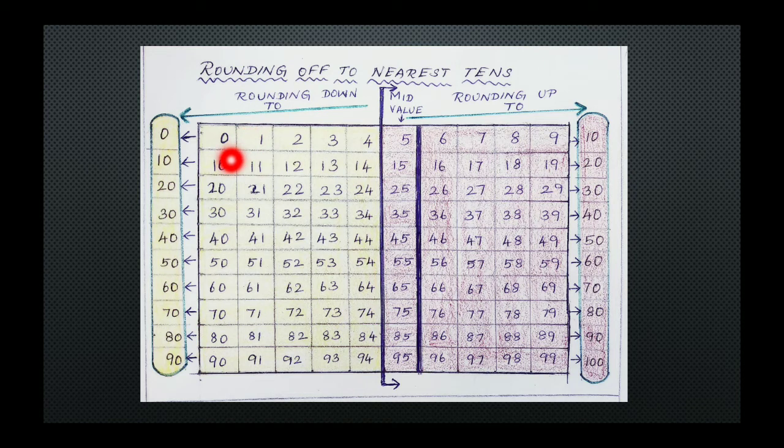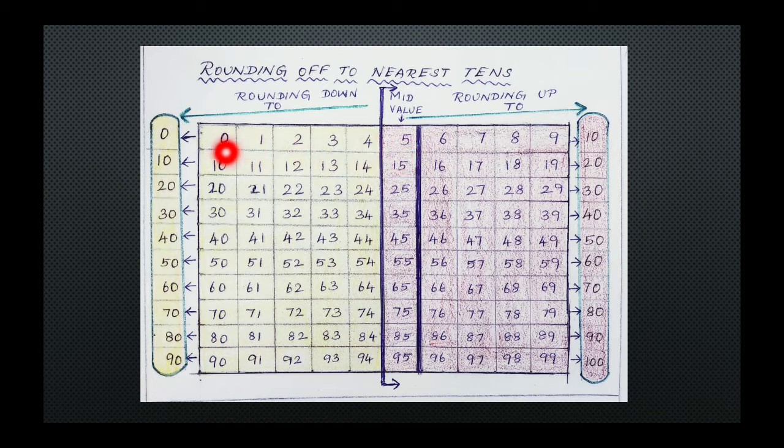So we have a chart of two digit numbers. See the first row of numbers. It starts with 0. 5 is the mid value. Mid value means middle value of 0 and 10, which means half of 10.